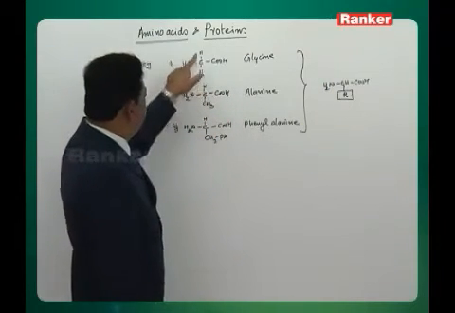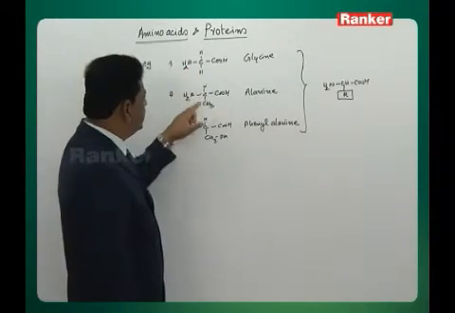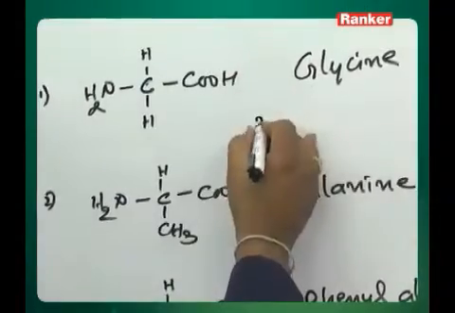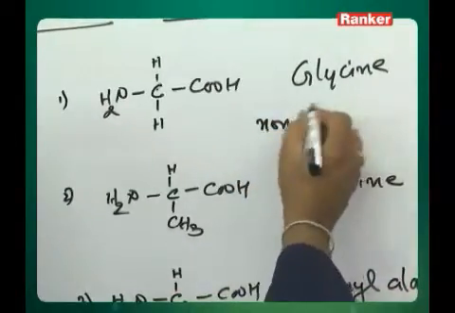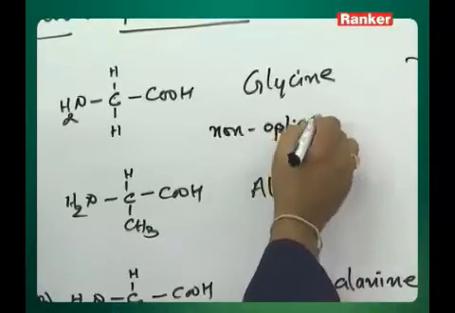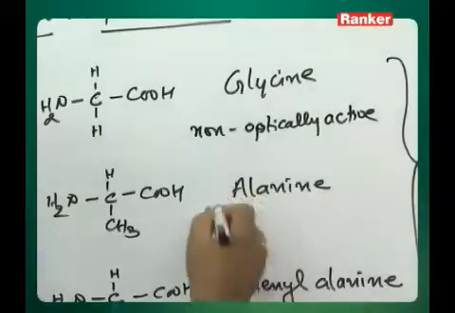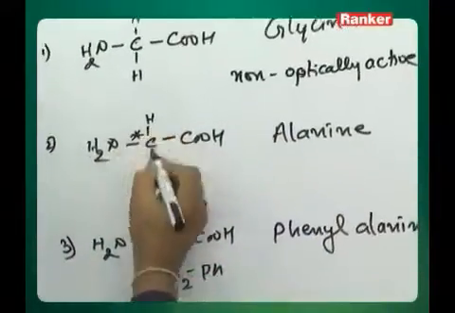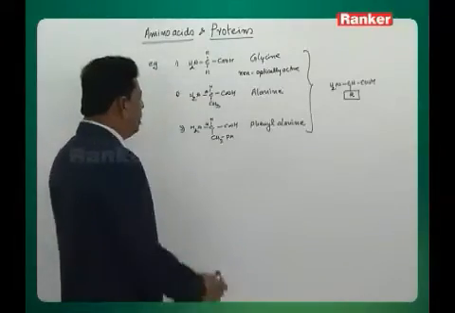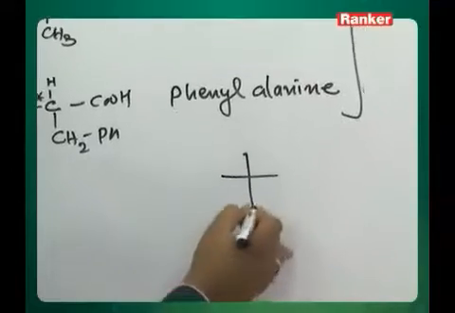And if you see carefully, this is the only amino acid having no chiral carbon. So glycine is optically inactive. These others are all optically active because there is a minimum of one chiral carbon, and it is also observed that most of the amino acids have a common structure like this.